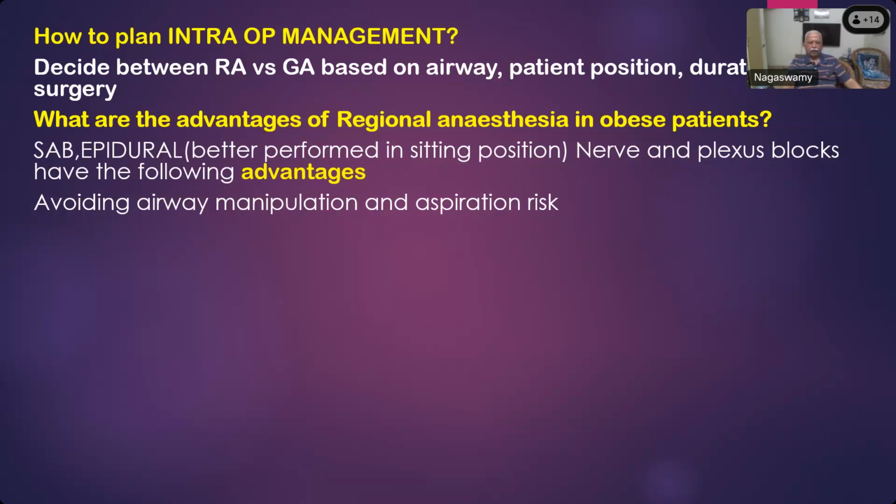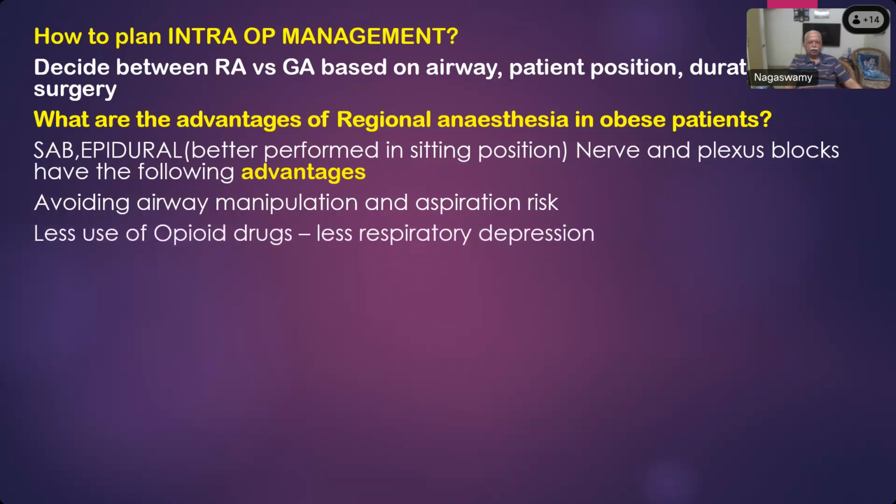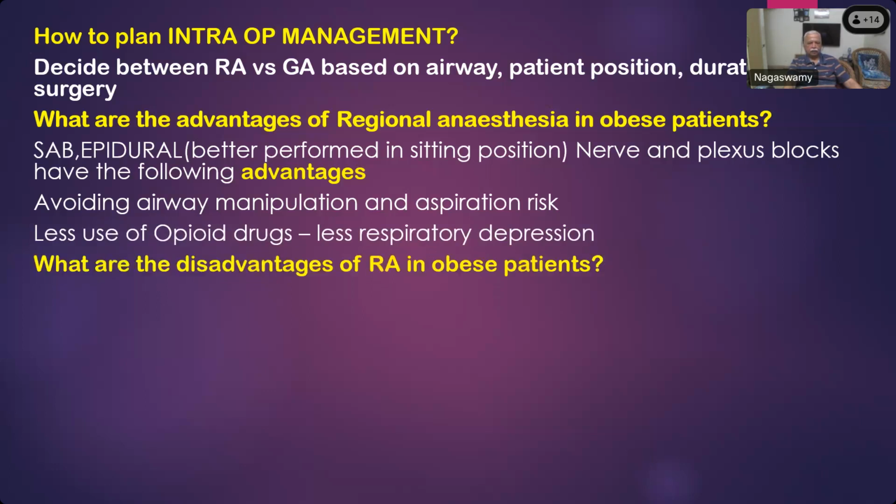So by choosing a regional technique, you can avoid airway manipulation and aspiration risks, number one. Number two, less use of opioid drugs, so less respiratory depression, because these patients are more sensitive to opioids, and you have to give opioids in a larger amount because of their body weight. So that may lead to central nervous system depression and respiratory depression.